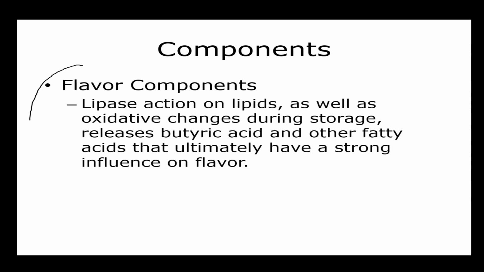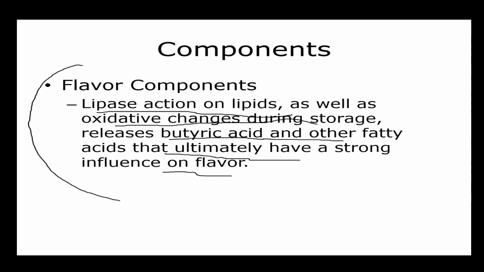Other flavor components can come from lipase action on lipids, as well as oxidative changes during storage, which release butyric acid and other fatty acids that ultimately have a strong influence on flavor. So these are some of the components other than heating and fermentation. We have the lipase action on lipids that happens while heating and fermentation, and also oxidative changes that take place during storage, which release butyric acid and other fatty acids that influence the flavor of the milk.